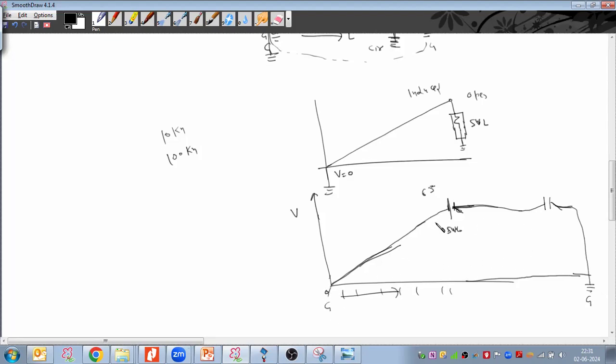Solid grounding at both ends, but it is not going linearly.